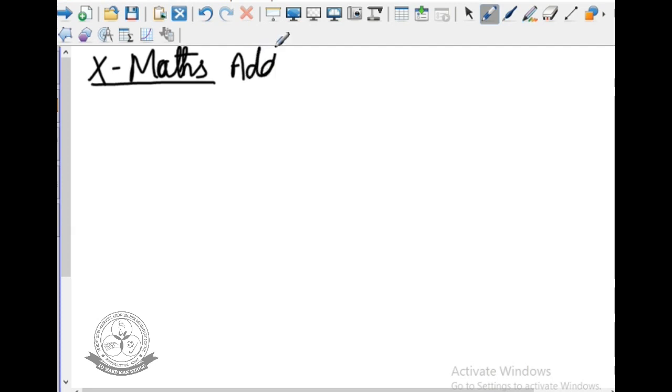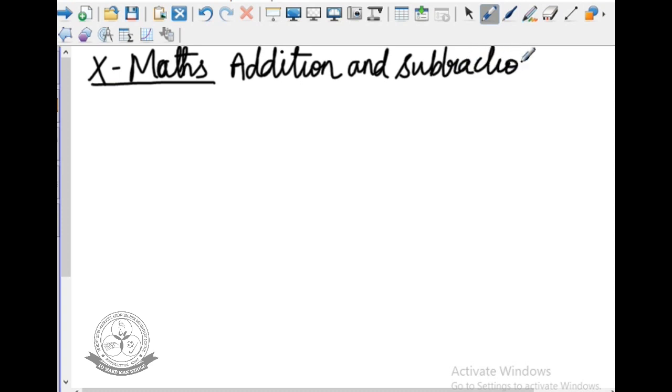Addition and subtraction of rational expressions.